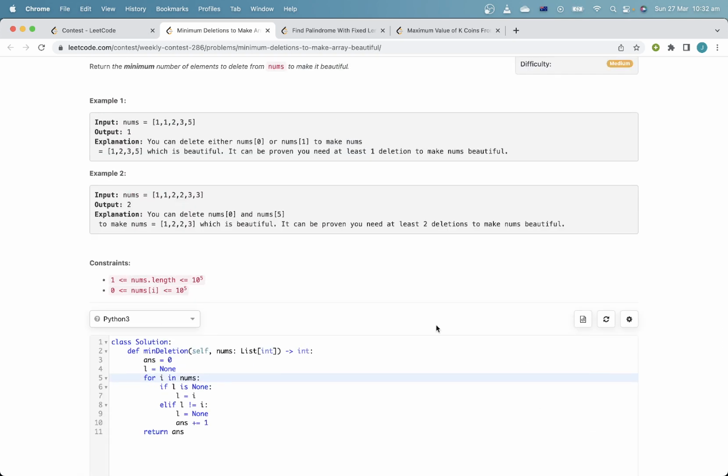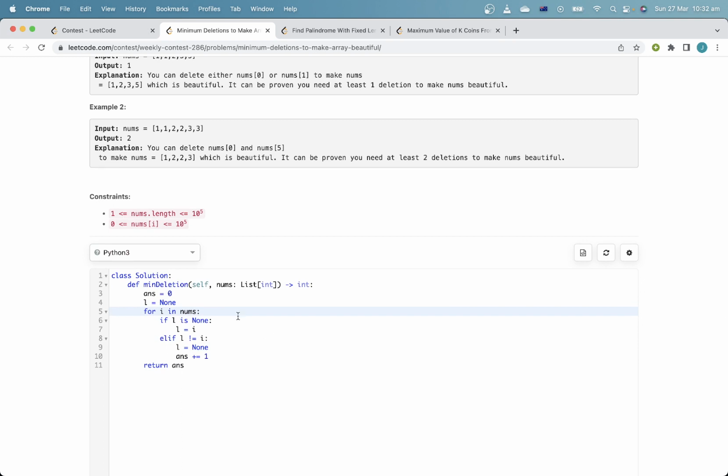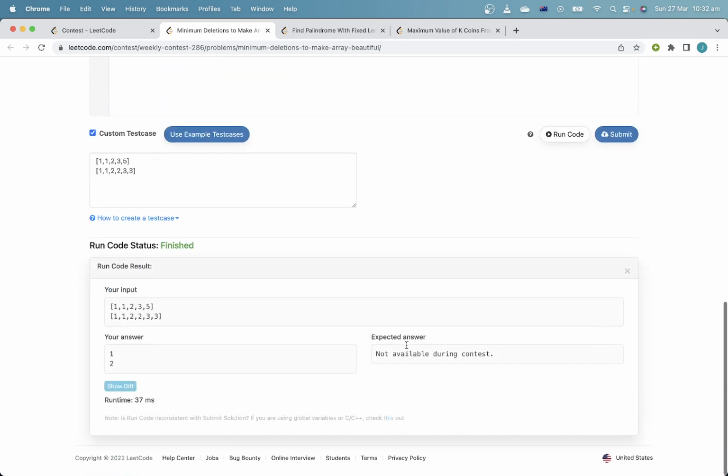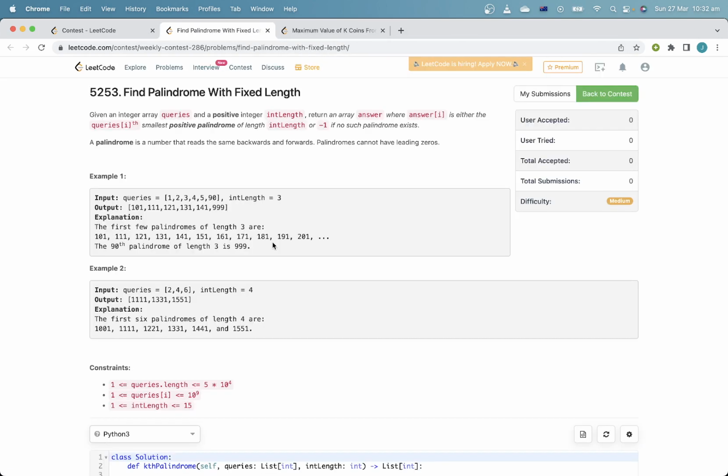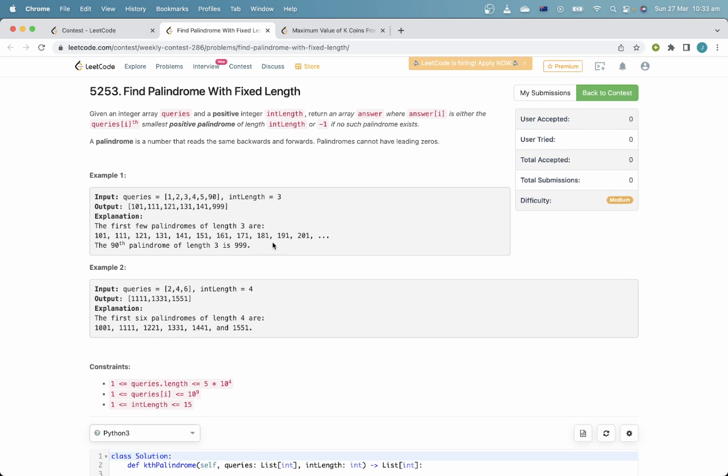Well, oh, it's number of deletions. AC. Interesting. Okay.